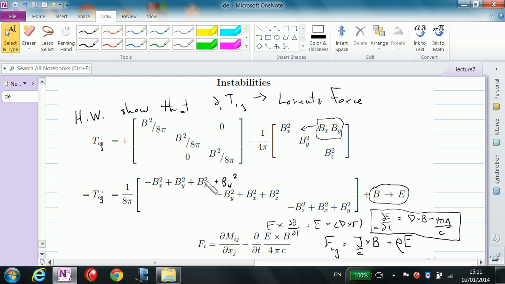You would have to say that T44 is equal to minus B44 squared plus BX squared, YZ.